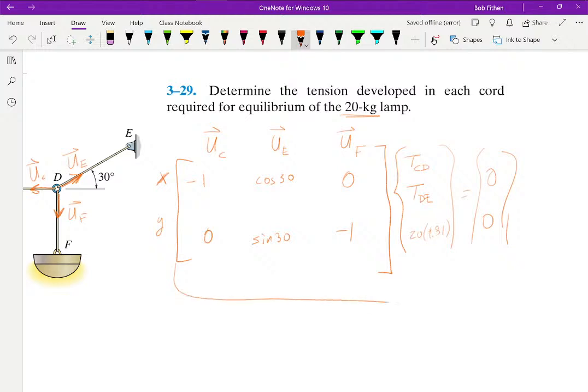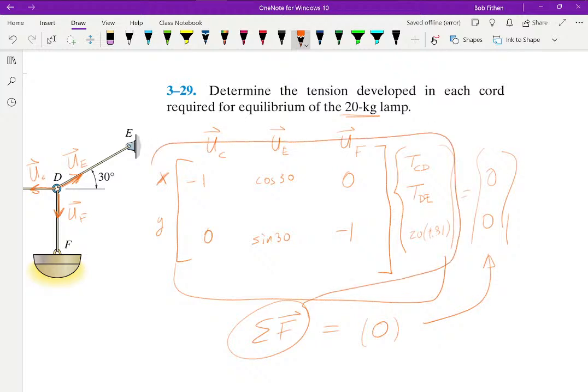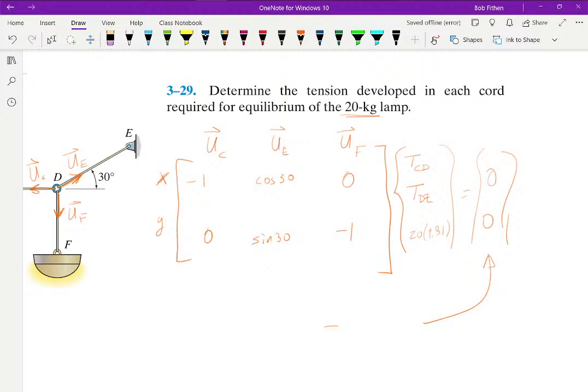So what is produced here? This is simply the sum of the forces, and this is equal to 0. If you multiply this one out, and I challenge you to multiply all of that out, that will give you the sum of the forces as an equation.